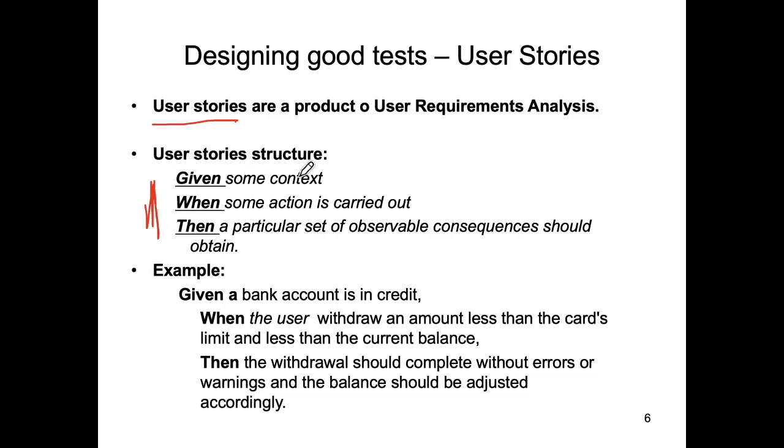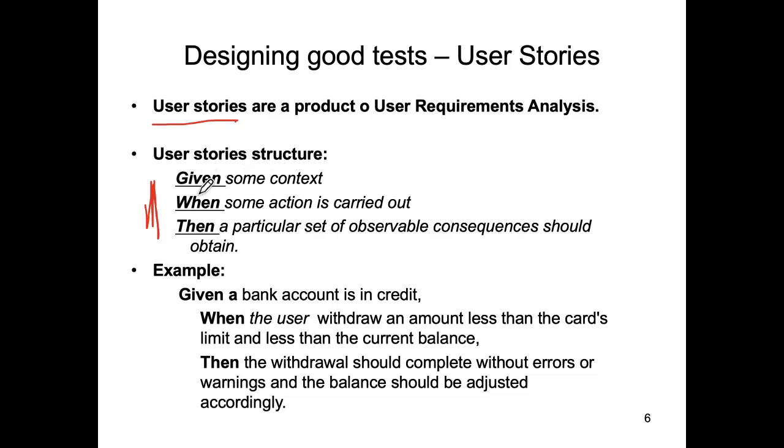Given some context, the context again is a bit like our circumstances on the previous screen. For example, given that the database has a certain set of records in it, if it's application level testing. If it's unit testing, given might be the contents of some object structure or array structure that a function is operating on.